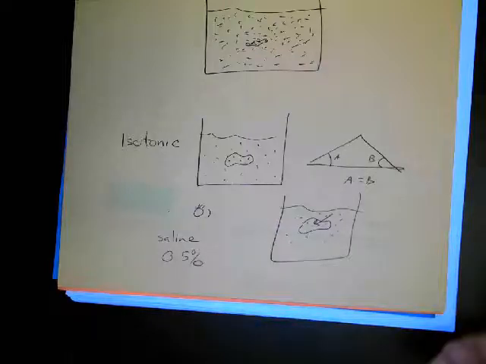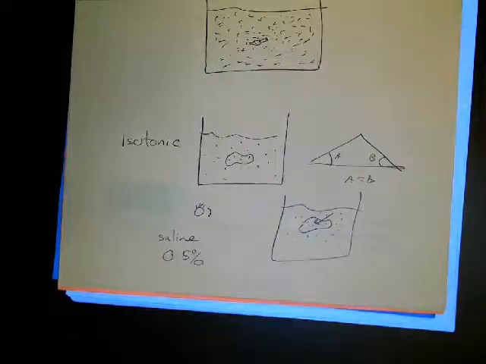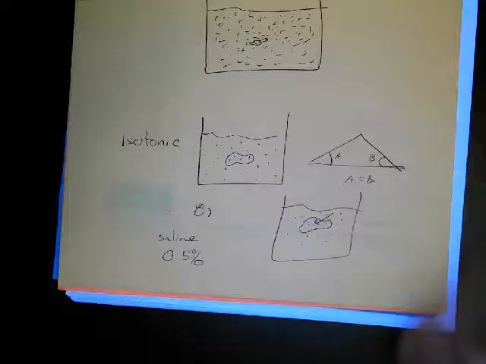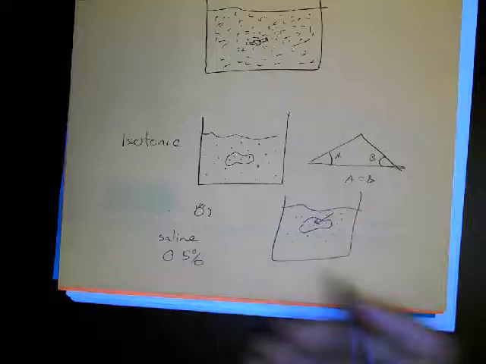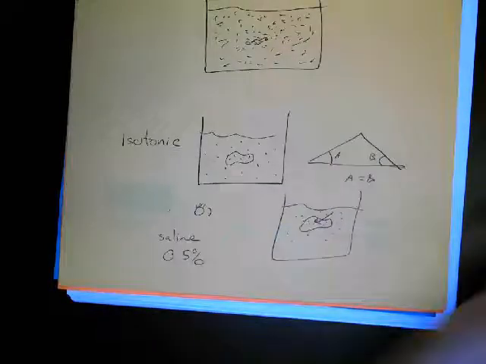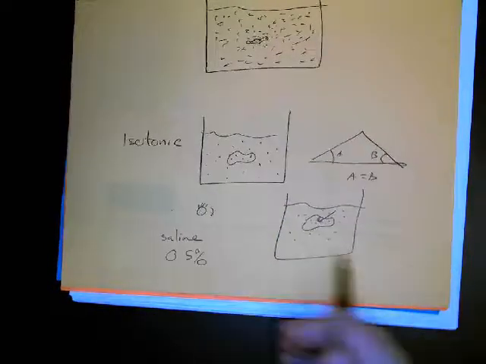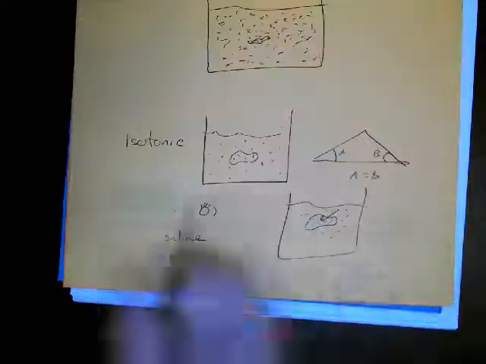It would not cause any disruption to the cells themselves. If it were too high or too low, you could get water flow that would either shrivel the cells or make them burst or all kinds of things that you don't want happening. Okay, so most of the fluids that you put into your body for medical purposes, you hope are isotonic so that you don't get that kind of disruption.